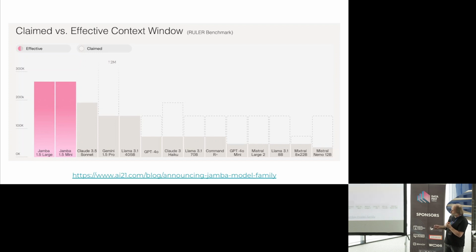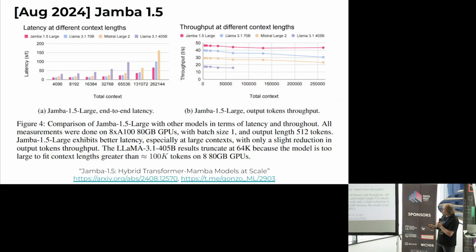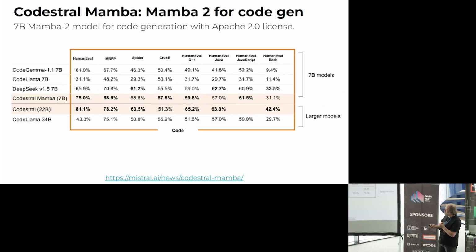And all the other models, like say Gemini 1.5 Pro, which has a context of 2 million tokens, are not so good on benchmarks like this. They used the RULER benchmark, so they have large context, but you miss some facts in this context. The quality of your results is suboptimal. So Jumbo is a really interesting thing, worth trying. Again, it's better in latency, it's better in throughput, so looks good.